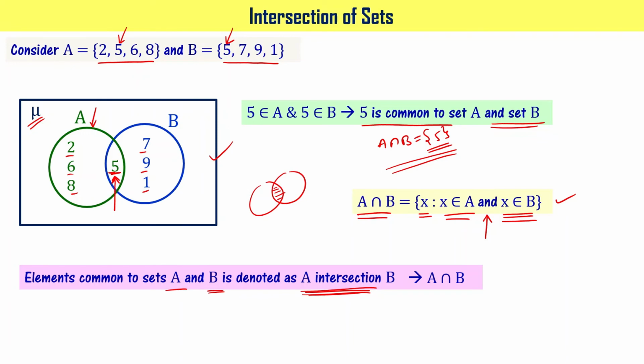And whatever elements that fall in between this region, okay, those are called elements of A intersection B. That's what we have written here. A intersection B has got only one element 5. And the set builder form for that is A intersection B is a set of elements X such that X belongs to A and X belongs to B. And is important. Please note this.